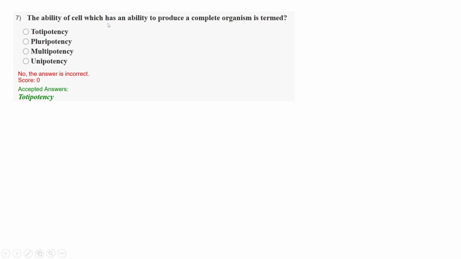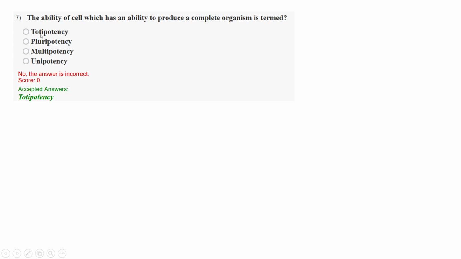The ability of the cell to produce a complete organism is called totipotent. Options: totipotent, pluripotent, multipotent, and unipotent. As we discussed, a pluripotent cell will not form a complete organism.